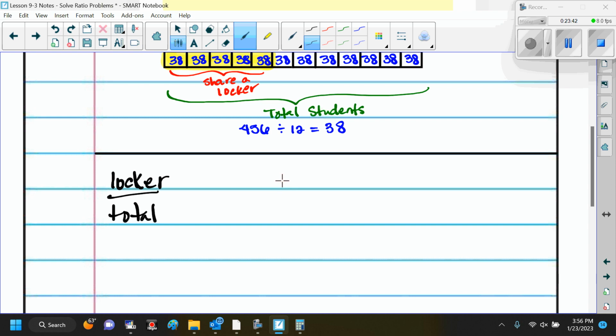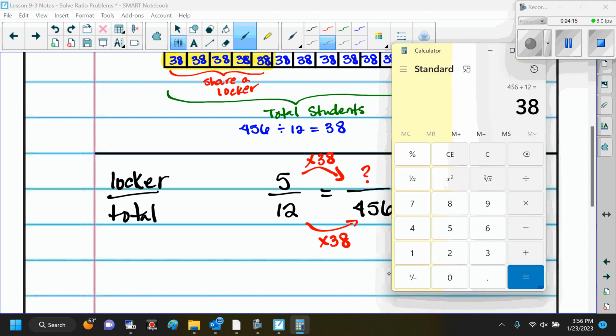So the ratio was 5 to 12. And the total number of students was 456. So that goes in the denominator, 456. Now, we know, because of the work that we showed up here, to get from 12 to 456, we multiplied times 38. So that means that we want to multiply 5 times 38 to get this question mark.